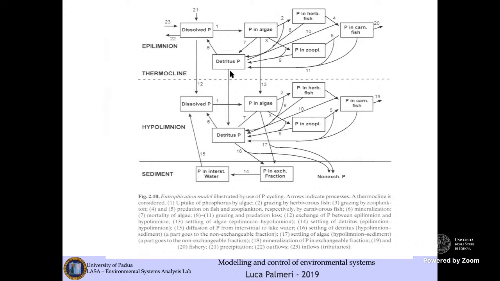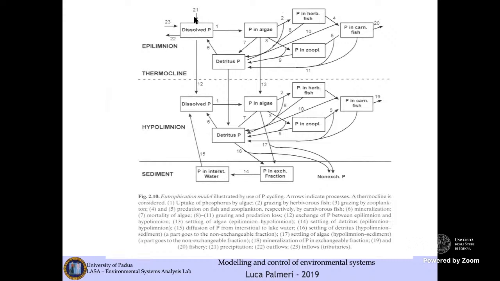I remind you that the 5 elements of an ecological model are state variables, constants, universal constants, parameters, flows, and forcing functions.